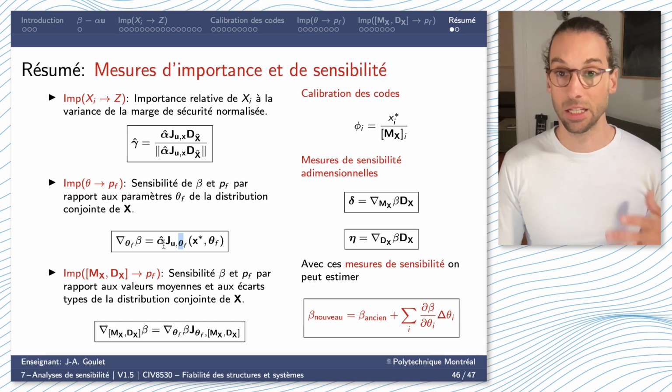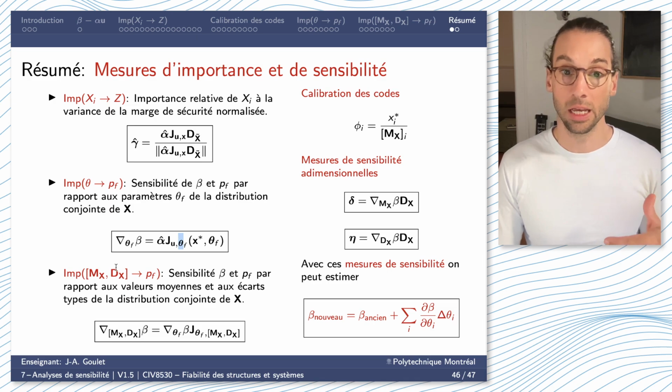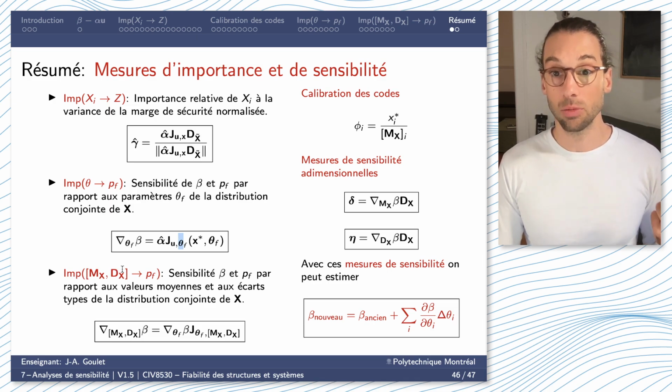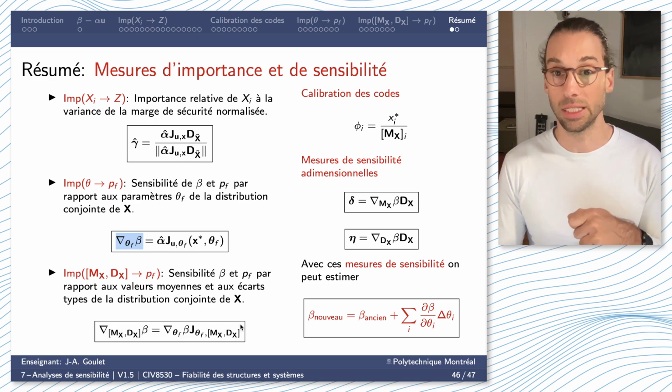We saw that this is not very interpretable. So we then decided to make the sensitivity not with respect to the original parameter theta, but with respect to the mean and standard deviation. We obtain this by simply multiplying the gradient we have here by the Jacobian of the transformation, in this case not between x and u, but between theta f and the mean and standard deviation.